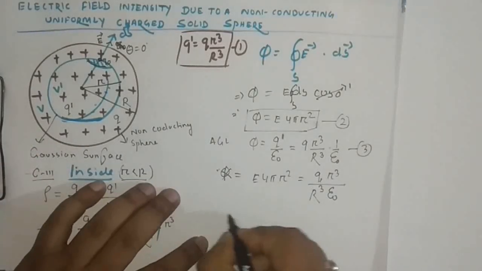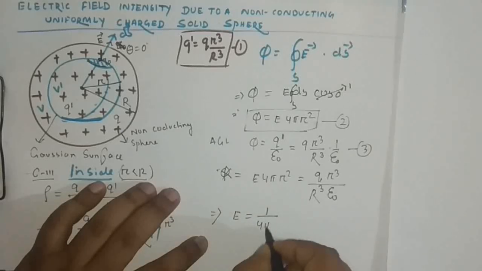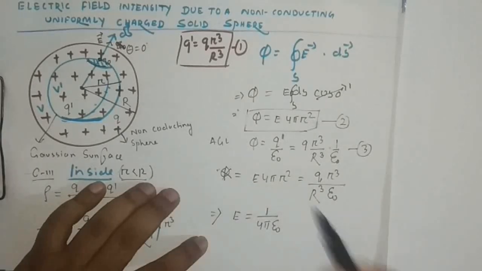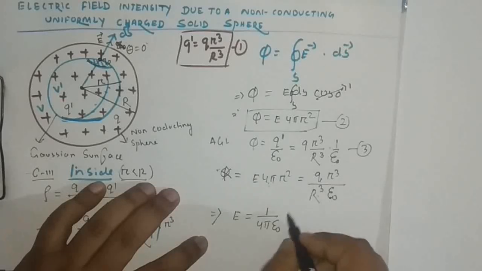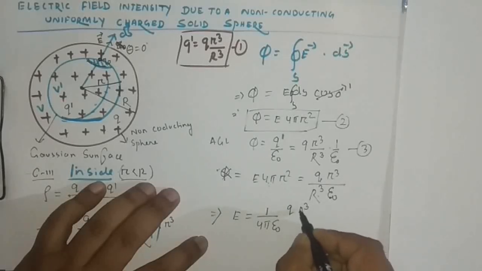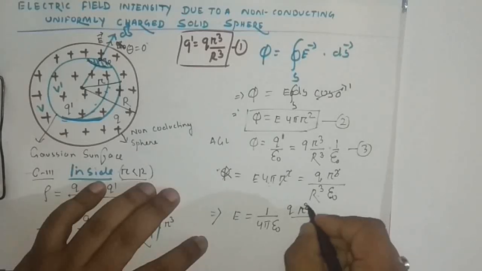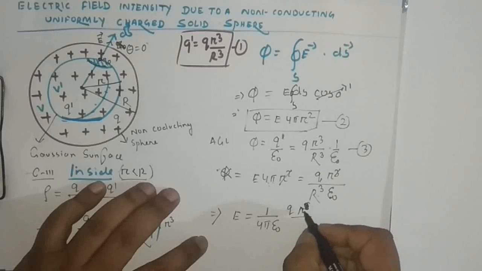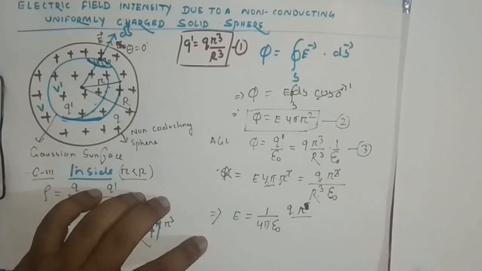Now, if I solve it properly, I will get E equal to 1 by 4 pi epsilon naught times, check it properly, what am I missing here, Q r cubed by, so here r square and r cubed cancel, no need to write r cubed, so it is only r. Anything I missed? 4 pi gone, r gone, so Q bar.